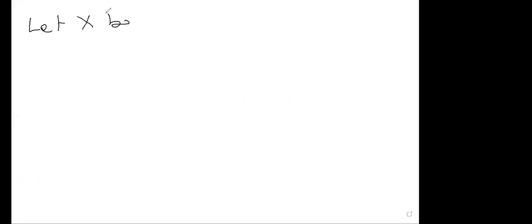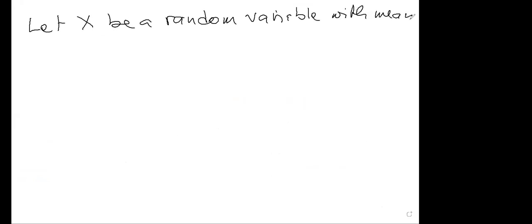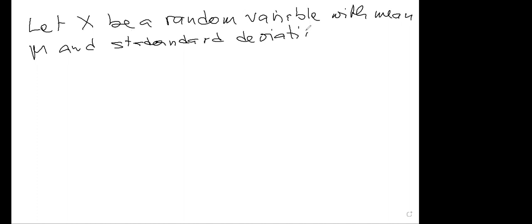Let x be a random variable with mean mu and standard deviation sigma.